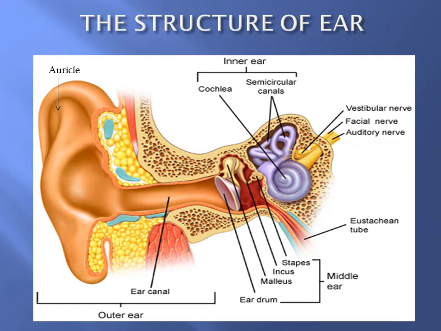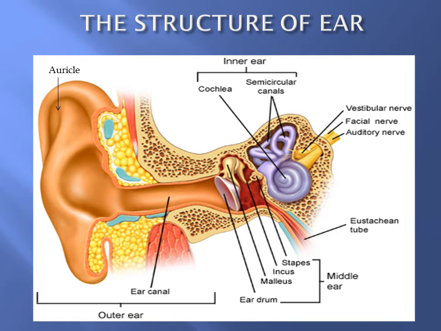The middle ear is a small air-filled space containing three tiny bones called malleus, incus, and stapes, collectively called ear ossicles. The malleus connects to the eardrum, linking it to the outer ear, and the stapes, which is the smallest bone in the body, connects to the inner ear.